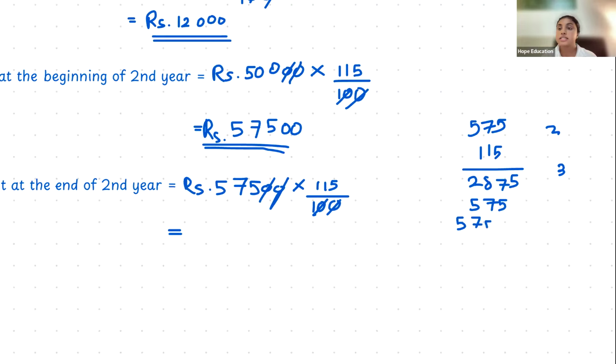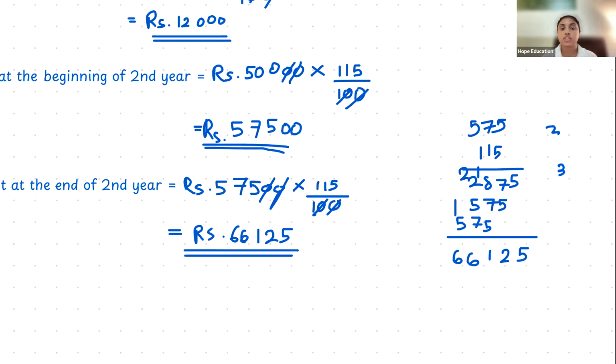So 5, 7 plus 5 is 12, 13. 13 plus 8 is 21. 12, 13, 14, 15, 16. 6. So we get 66,125.